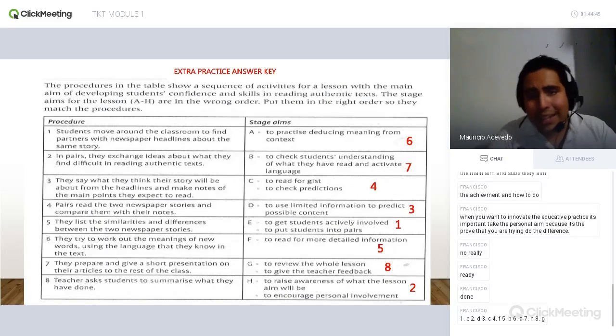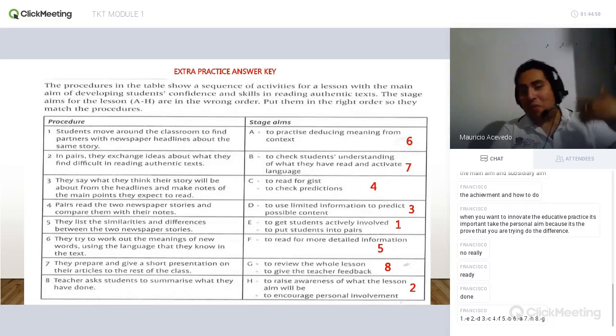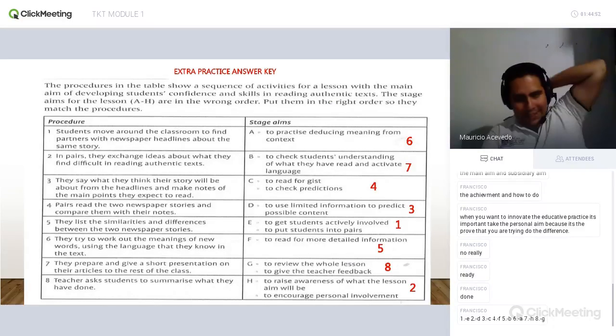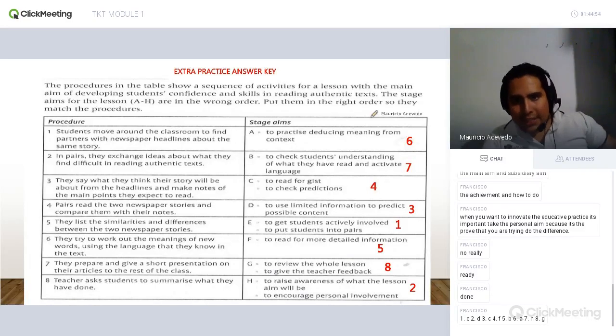Very good. As I was telling you, Francisco, the letter H was before. I think that it was number two because it says what the lesson aim will be. This cannot be possible in stage number seven if we are almost done. And besides, here it says encourage personal involvement. So in this case it is number two.